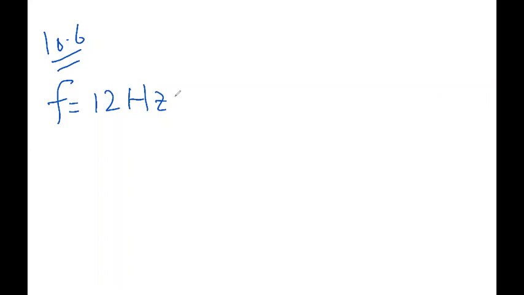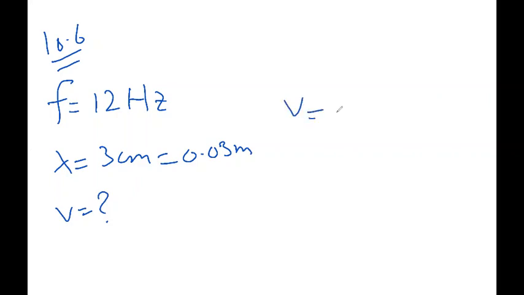The resulting wave has a wavelength of 3 centimeter, which is equal to 0.03 meter. Calculate the wave velocity. What is the speed of the wave? So v is equal to f lambda. Put the values, you will get the answer.